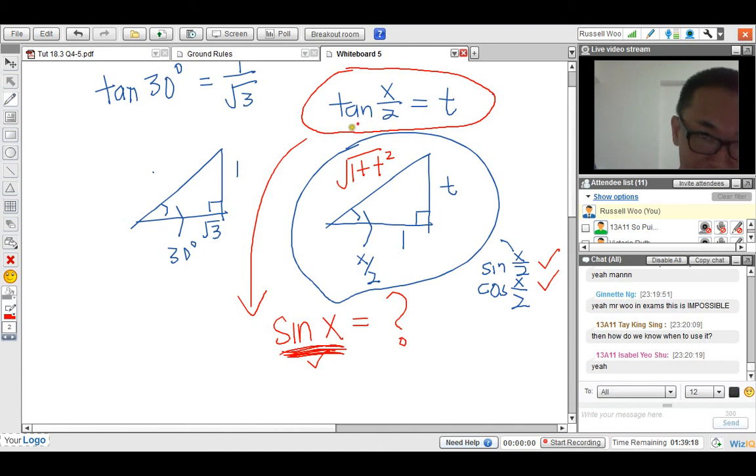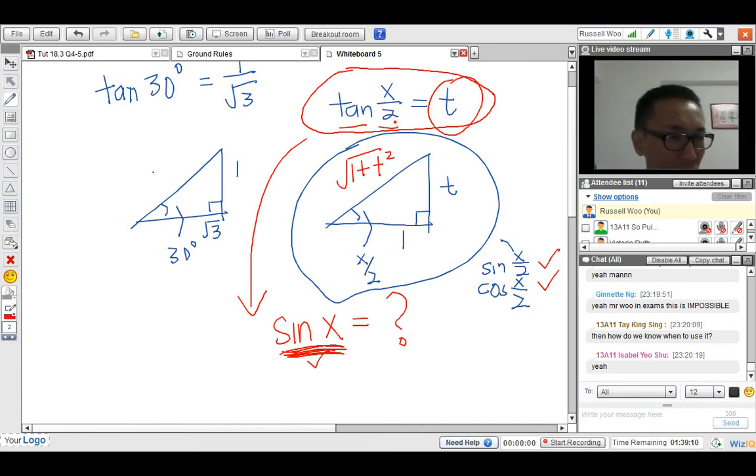Now you are given t as a ratio of tangent x over 2. So other than a right angle triangle, I can't see anything else that can help us. I'm sorry if I'm not directly answering your question, Sarah, but that's the way it works because you are trying to find a ratio. Sine x is a ratio.